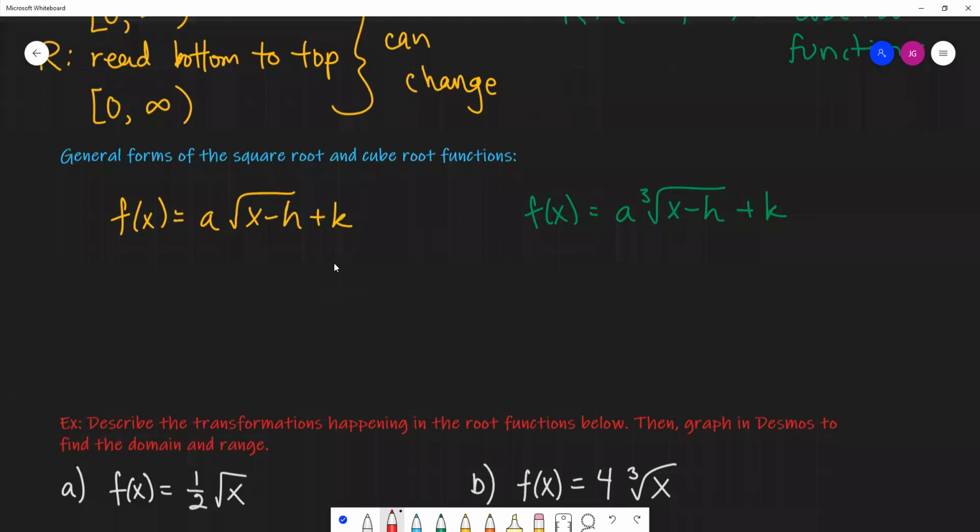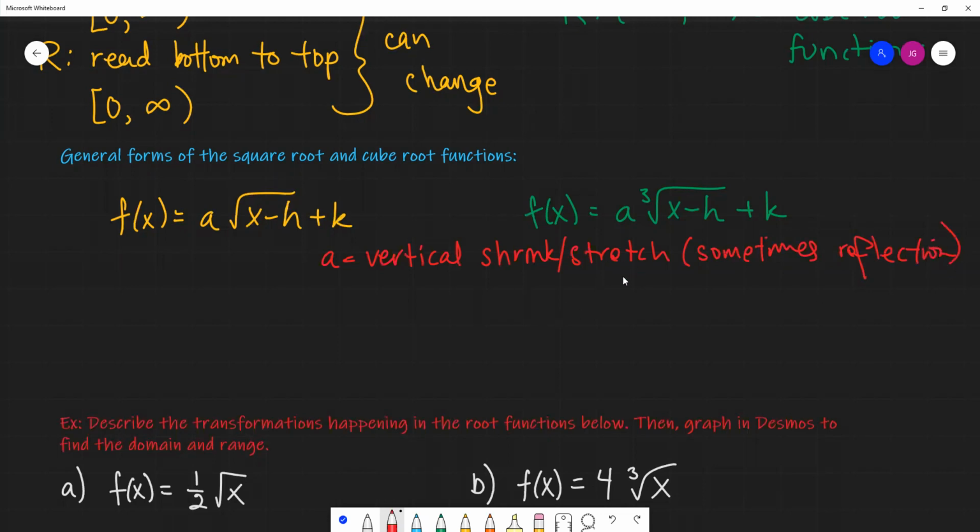All right, so a: vertical shrink or stretch, and then sometimes reflection, and we'll talk about when it's a reflection.